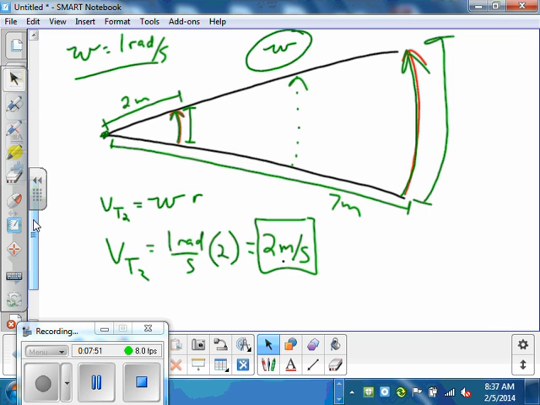Now, I think maybe you actually got this understanding, and maybe it wasn't quite as neat of a package, because I know we had some trouble explaining it so easily, but that's okay. The good thing is you're going through that thought process. So out here, my tangential velocity at 7 meters is the same formula, but my radius is different.